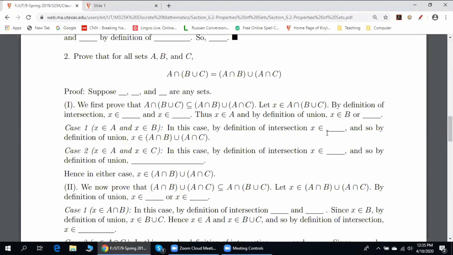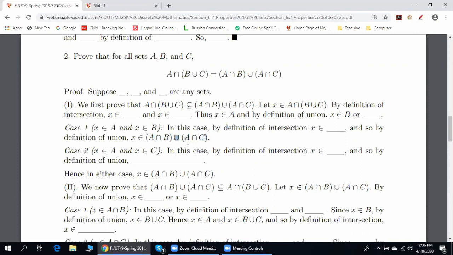Since X is from A intersection B, it is either from A intersection B or A intersection C. But we haven't done case two yet. No, we don't need it. We already know that X is from this. Therefore, X is from this.